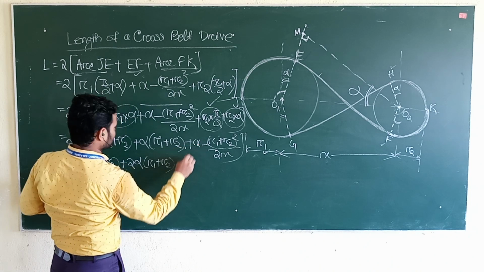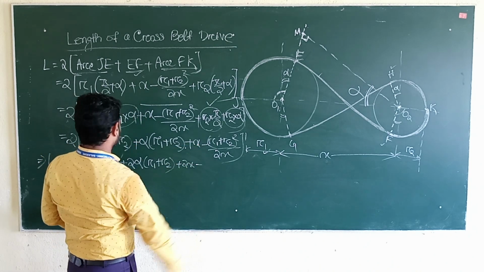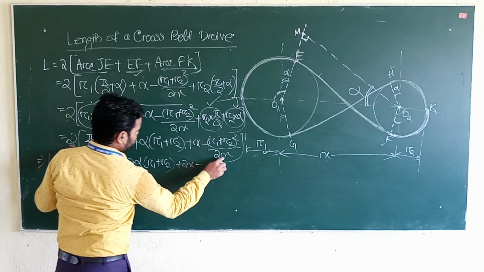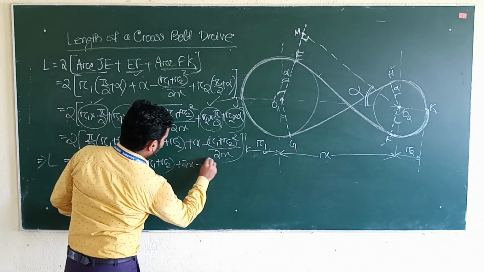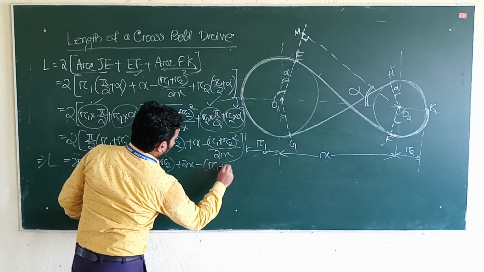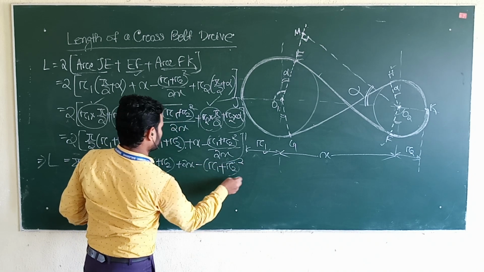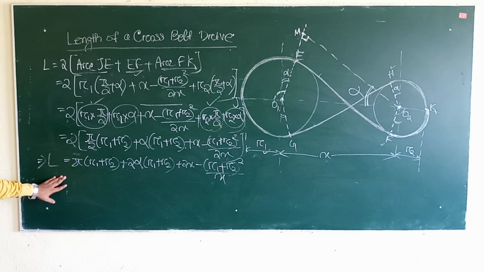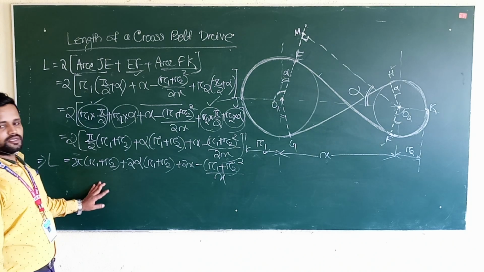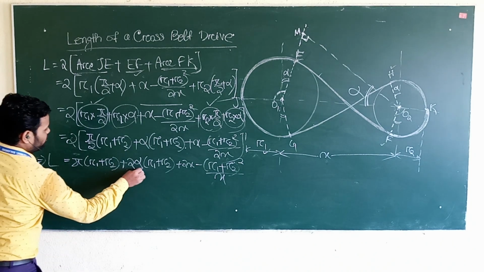Similarly, x into 2 is 2x minus. If we multiply 2 here, then the 2 and 2 cancel out. The remaining term will be r1 plus r2 the whole square divided by x. So this will become. After that, you will see there is a term alpha here.